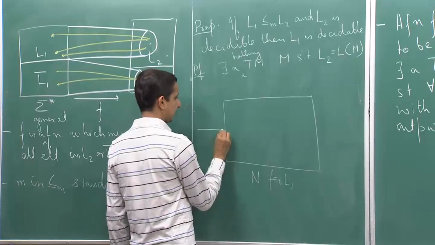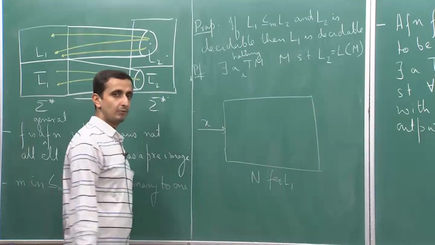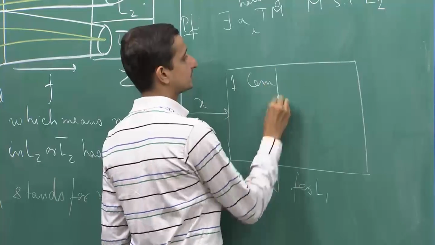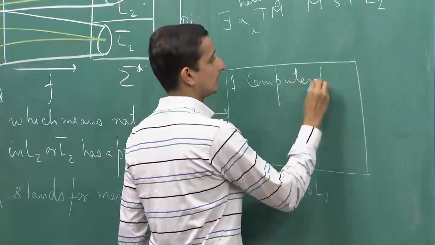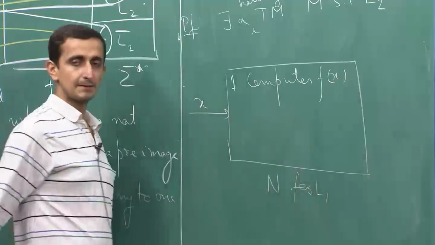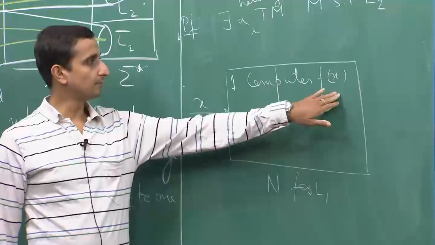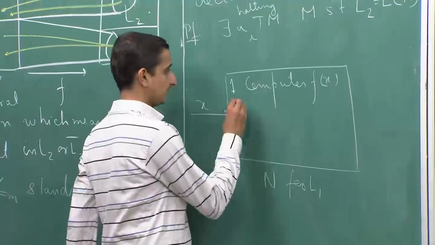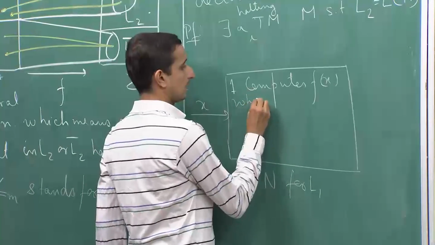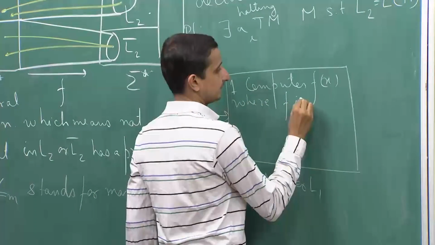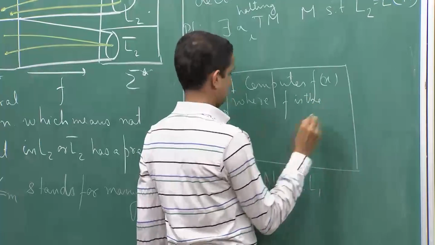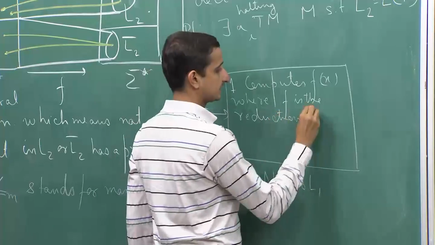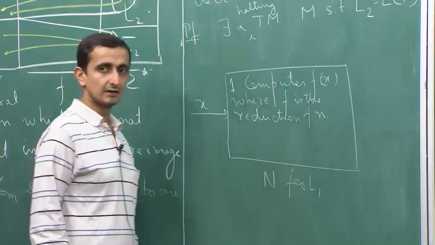What the Turing machine N does is, given an input x, it first computes f of x. Why can we compute f of x? Because f is the reduction function.